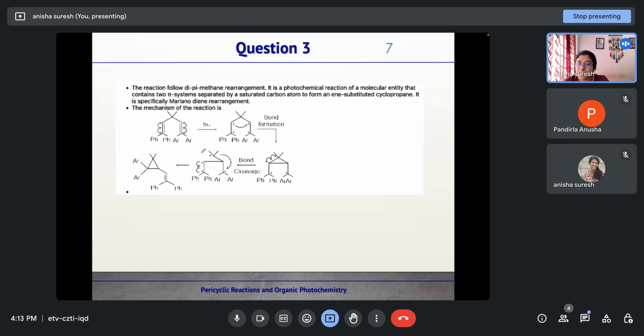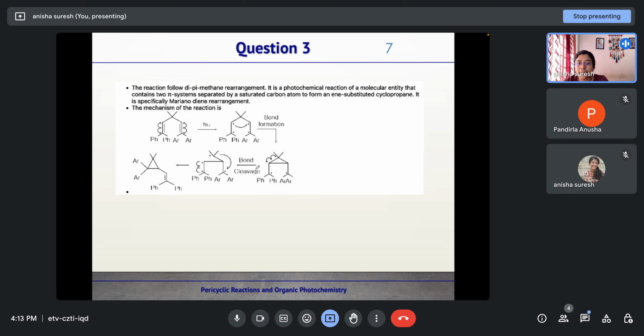So we have seen the mechanism like this. This is our starting material. When it is exposed to photochemical reaction conditions, two radicals are formed. This bond can form a radical and this bond can also form a radical. Then these two radicals can combine, leading to the formation of a cyclopropane ring.